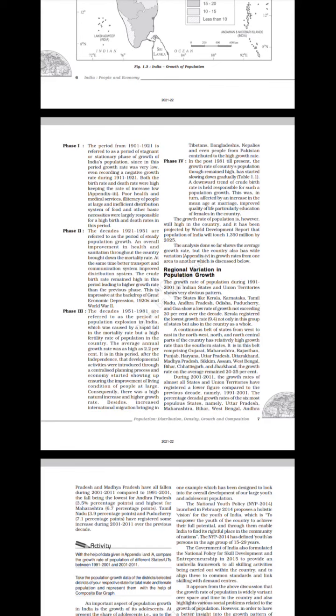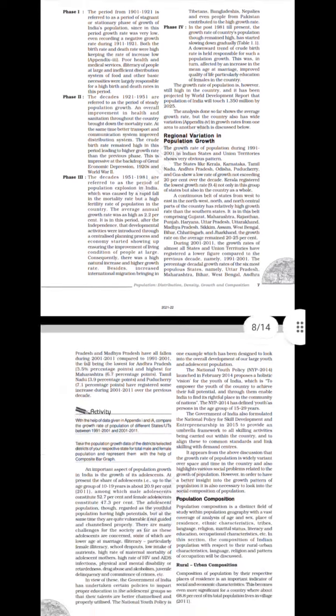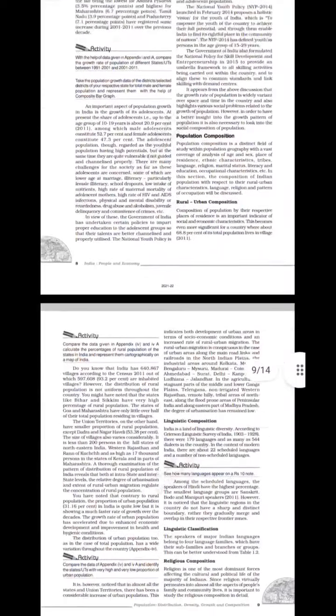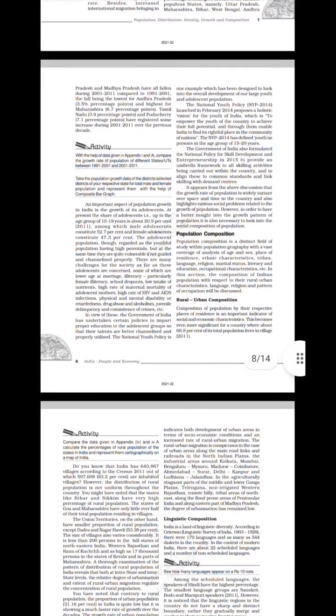During 2001 to 2011, the growth rates of almost all states and union territories have registered a lower figure compared to the previous decade, namely 1991 to 2001. The percentage decadal growth rates of the six most populous states, namely Uttar Pradesh, Maharashtra, Bihar, West Bengal, Andhra Pradesh, and Madhya Pradesh, have all fallen during 2001 to 2011 compared to 1991 to 2001.